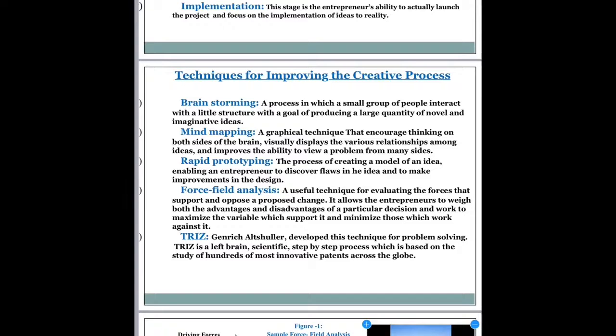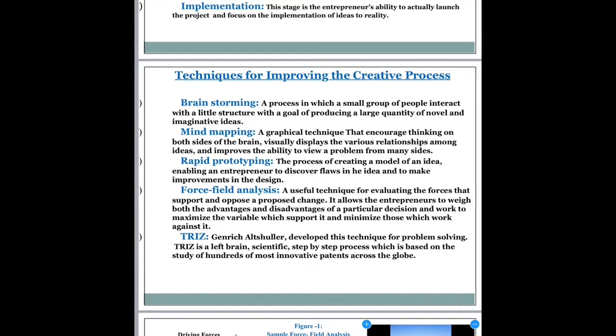Rapid prototyping is the process of creating a model of an idea, enabling an entrepreneur to discover flaws in his ideas and make improvements in the design. That means that while we are having an idea, we make a small model of that idea.